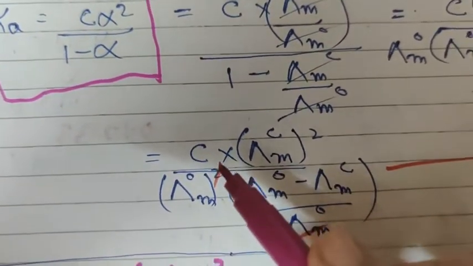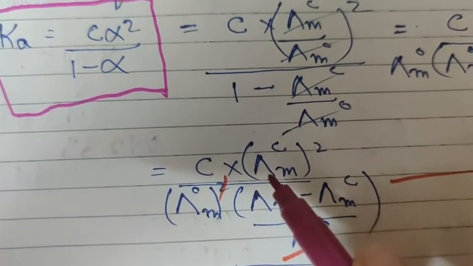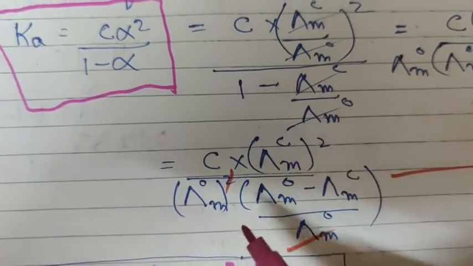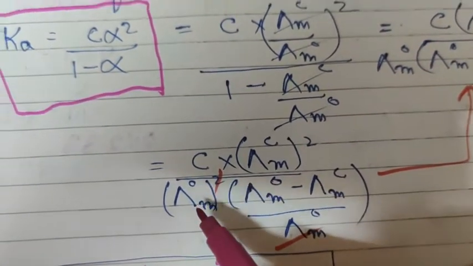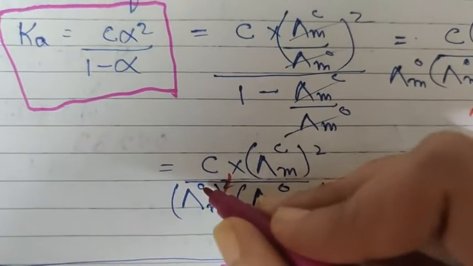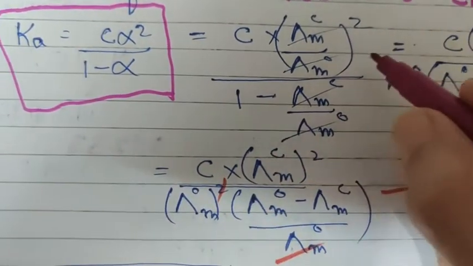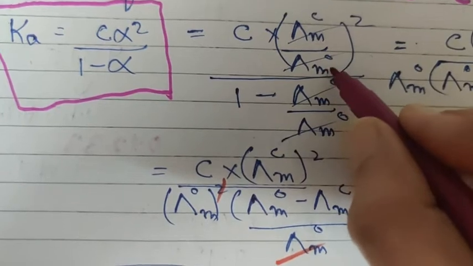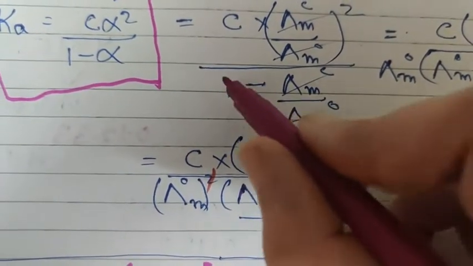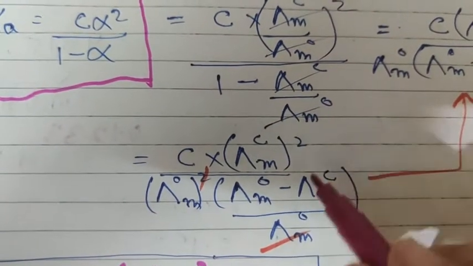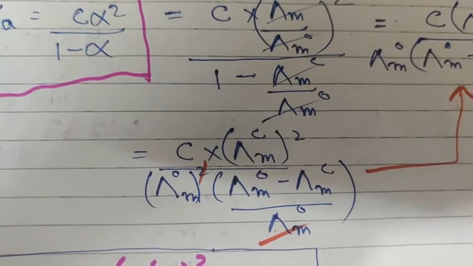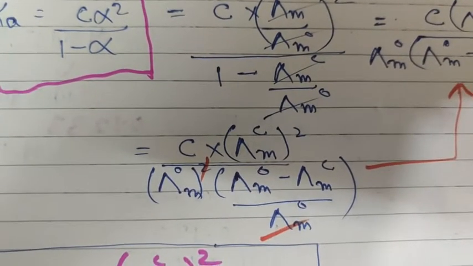It will be C into molar conductivity square upon this molar conductivity at zero concentration square. This I have taken from here, the denominator has come here, and then by taking the LCM the equation gets modified in this way. Children, it would be better if you also keep on writing along with me so that you can understand these steps.